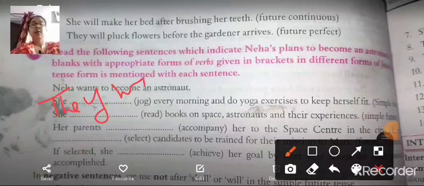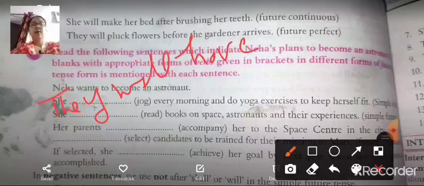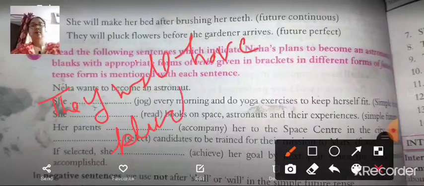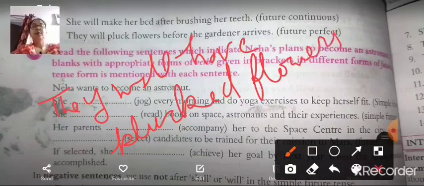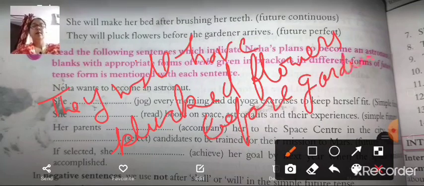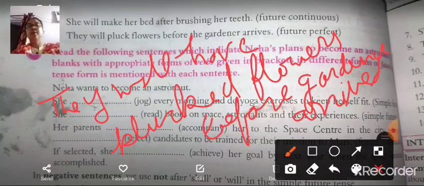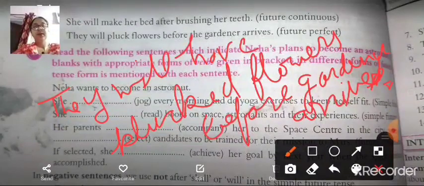They will have plucked flowers before the gardener arrives. So complete this.